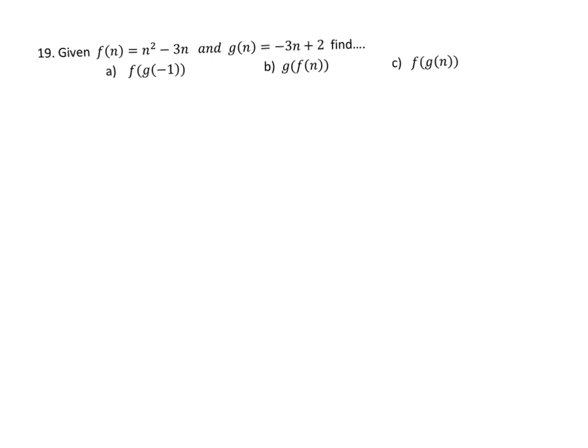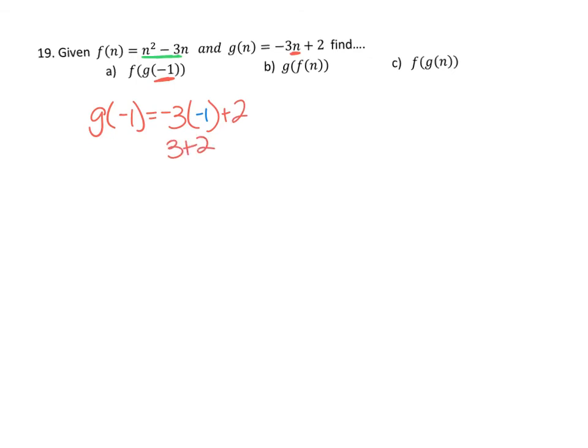And now we have f of n is n squared minus 3n, and g of n is negative 3n plus 2. We're going to find f of g of negative 1. This means take negative 1, plug it in for g, and then take that answer and plug it in here. So we're first going to find g of negative 1. Negative 3 times negative 1 plus 2.